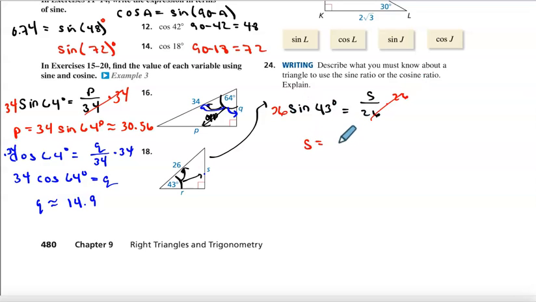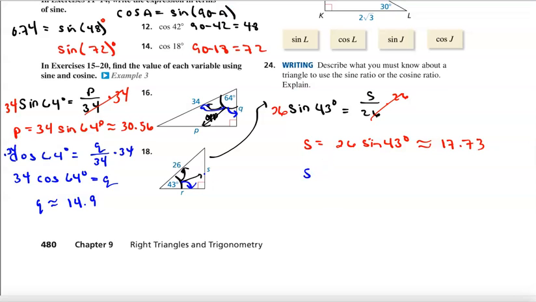So S is equal to 26 times the sine of 43 degrees. You don't have to put the multiplication sign there. It's already implied. And this is equal to 17.73.